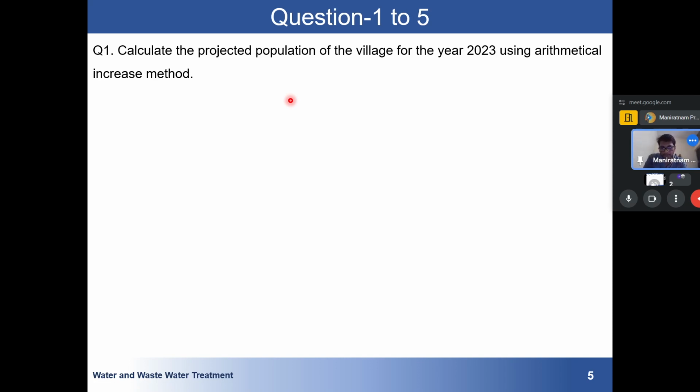Okay. So the arithmetical increase method assumes that the population of any particular area is increasing constantly, by some constant value. That is, dP/dt = k1, which means it does not depend upon the current population of the system.